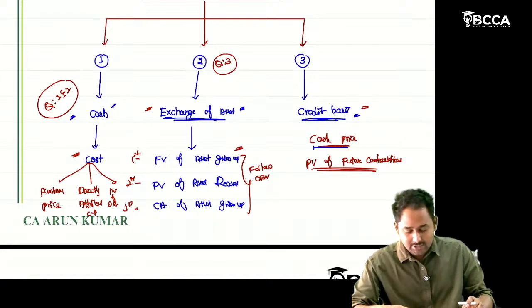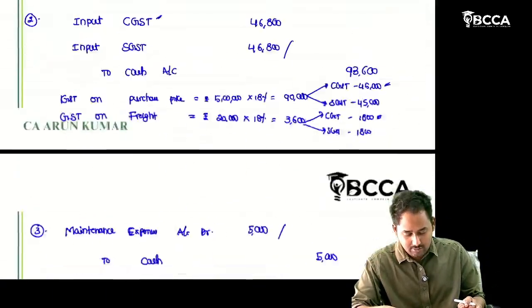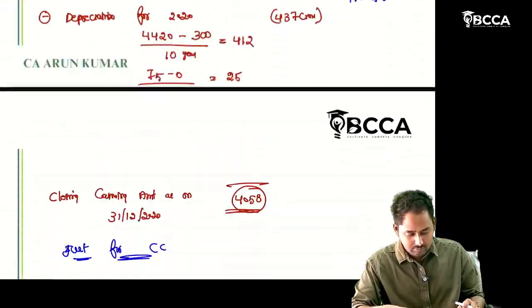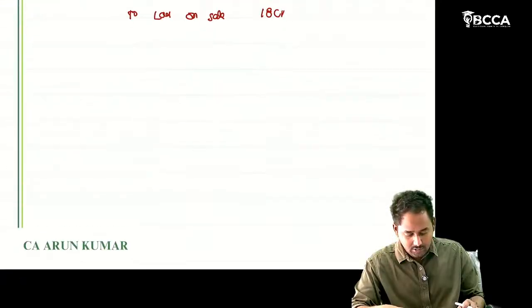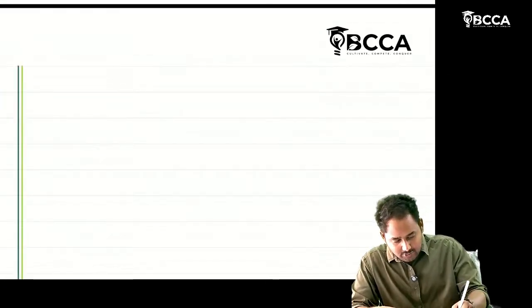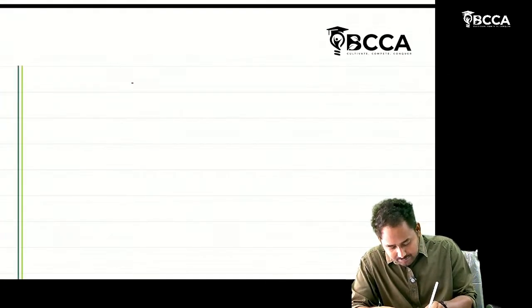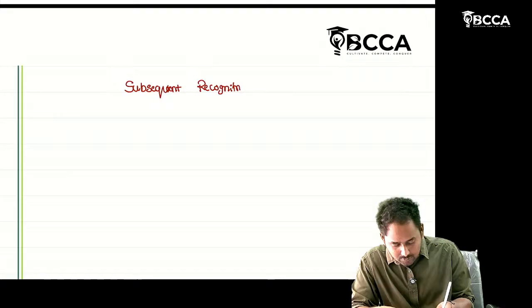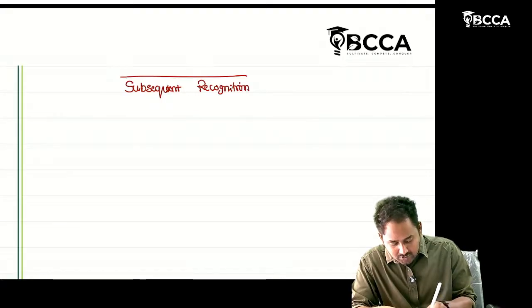Then subsequent recognition. With respect to subsequent recognition, cost model and revaluation model. So Ind AS 16 gives the two options.